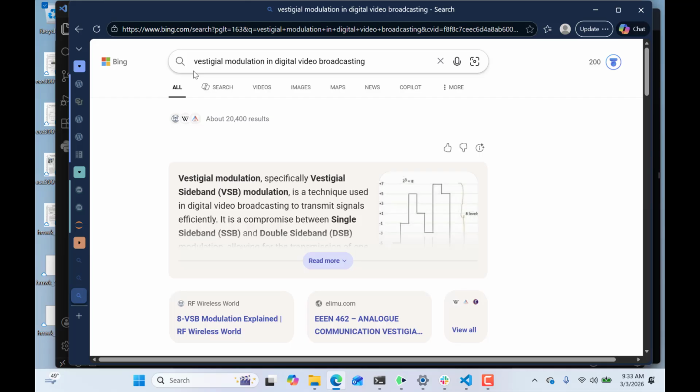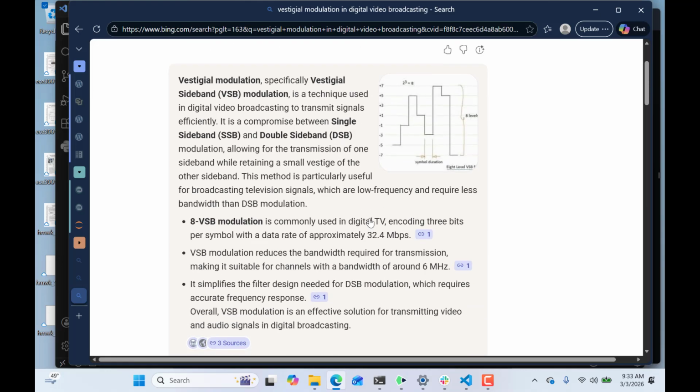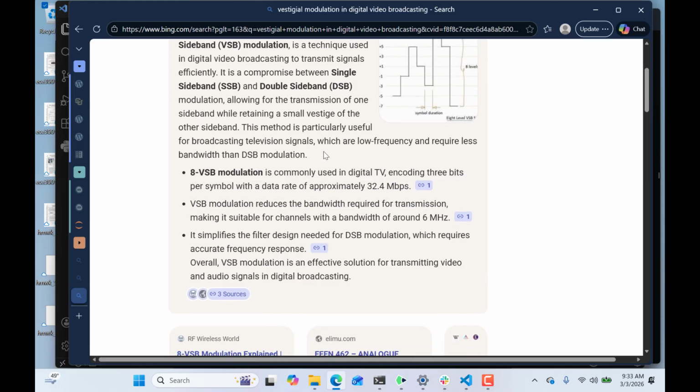So when we first came up with analog ideas, single sideband was not acceptable, and they went to this idea of vestigial. Vestigial is a compromise between double sideband and single sideband, mostly to maintain the DC. In TV, they use 8VSB, which is a variation on the basic analog VSB concept.